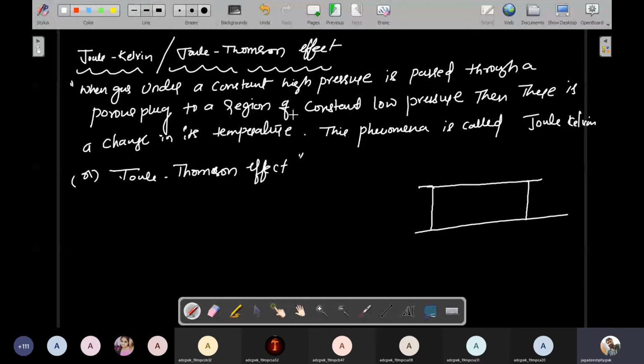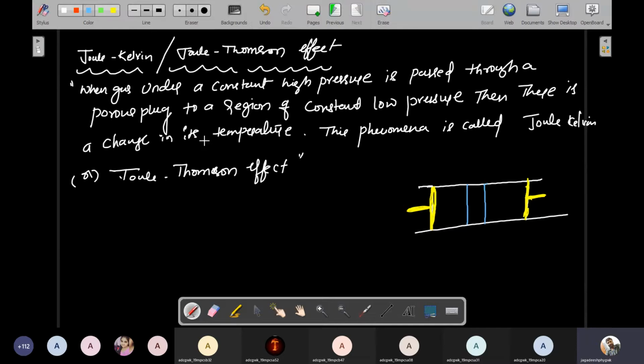We have two pistons: this is one piston and this is another piston. In this chamber I consider one wall.